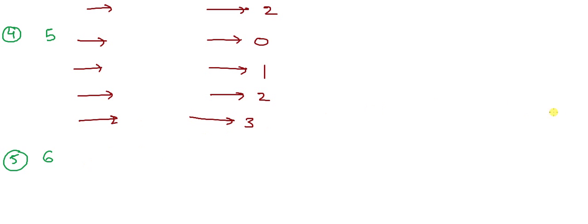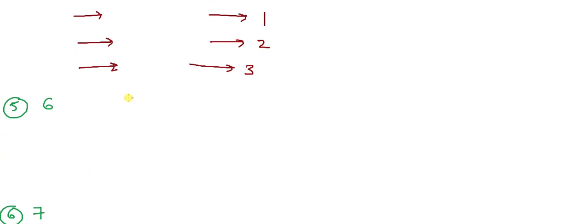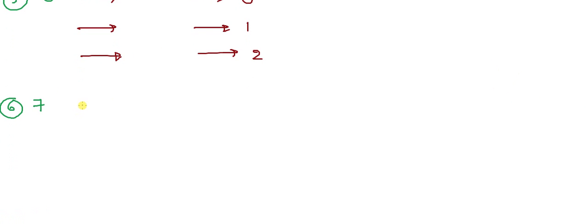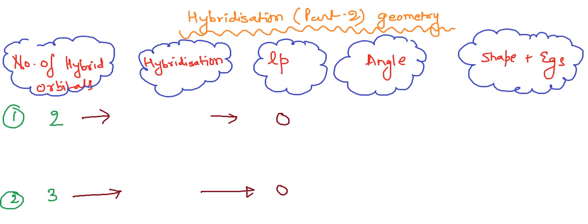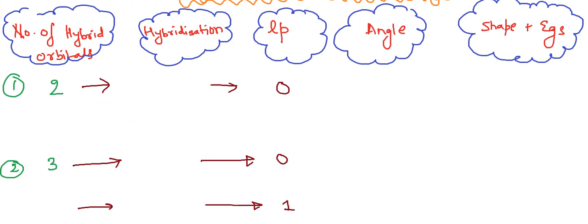In case of 6, either you'll get 0 lone pair, okay, or you will get 1 lone pair, and at max you will get 2 lone pairs. Okay, and in the 7th case, you will get 0 lone pair or 1 lone pair. Okay, this is the table, how I'm forming it. Okay, then you write it down. First understand, first watch this video, then write it.